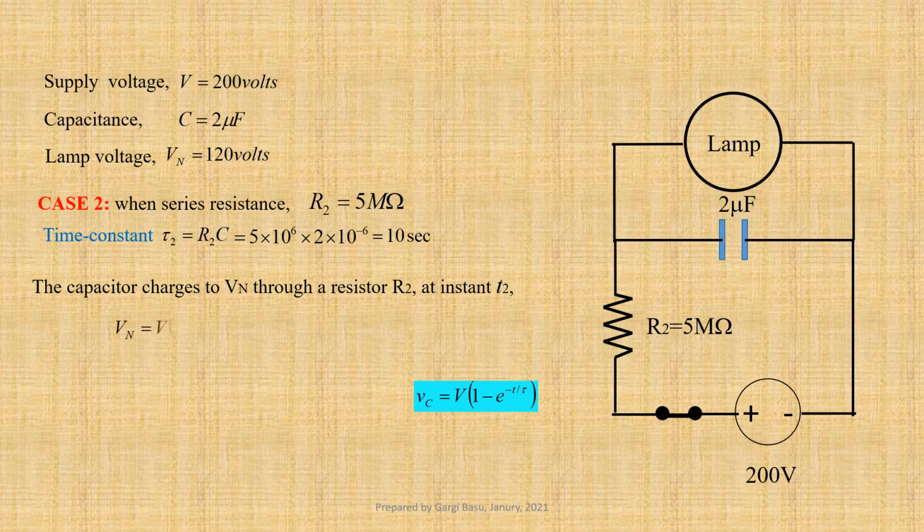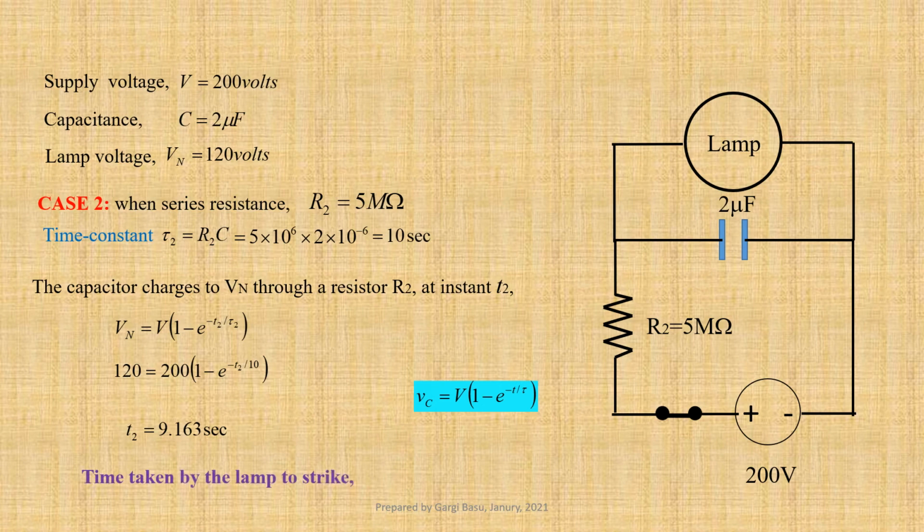Vn equals V into 1 minus e to the power minus t2 by tau 2, or 120 equals 200 into 1 minus e to the power minus t2 by 10, or t2 equals 9.163 seconds. Therefore, we can conclude that the time taken by the lamp to strike T2 equals 9.163 seconds.